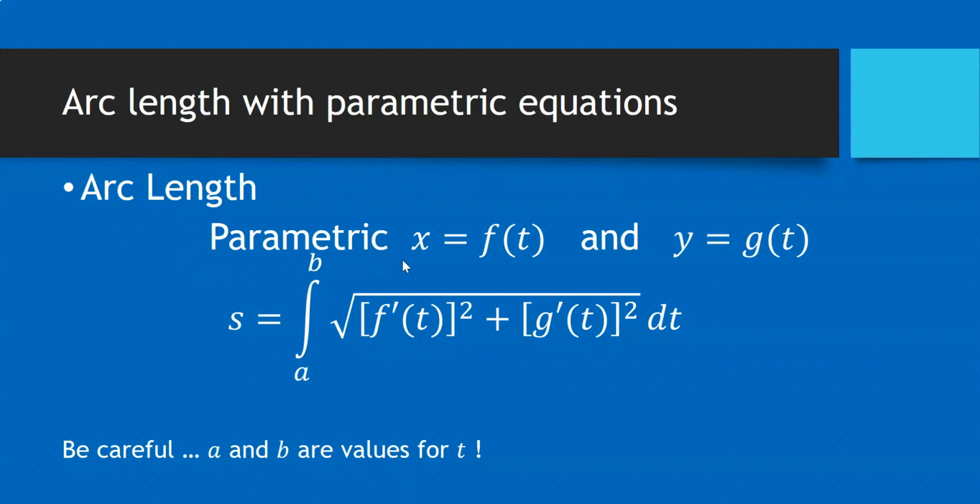So the parametric equations I'm going to use are x equals a function of t, which we'll call f of t, and y equals a function of t, which we call g of t. In this, the arc length can always be calculated by integrating from a to b the square root of the derivative of f squared plus the derivative of g squared, all with respect to t.